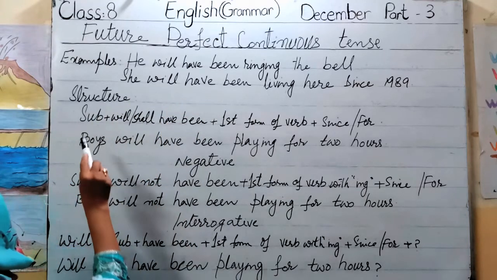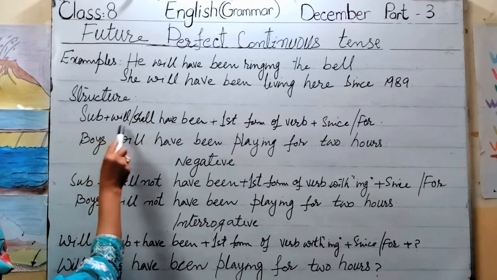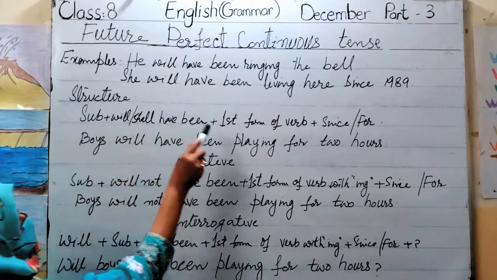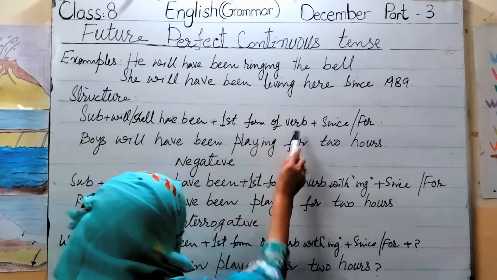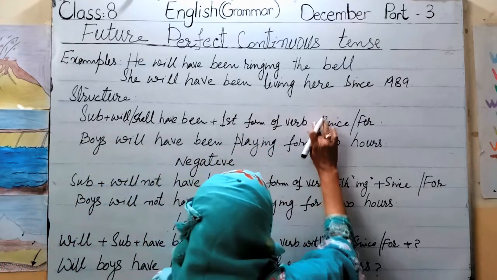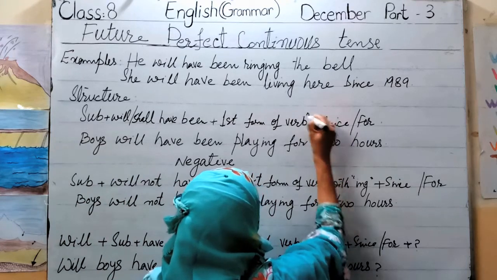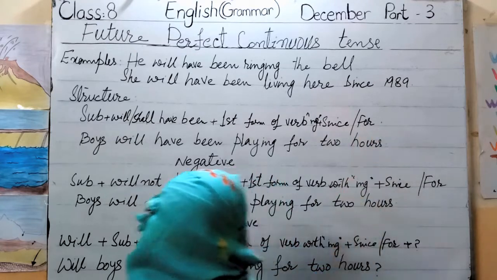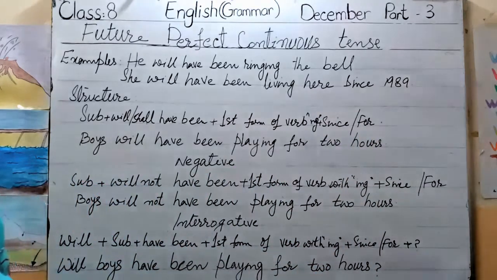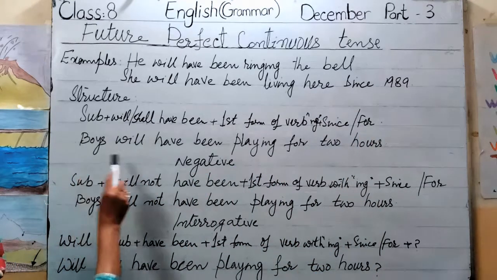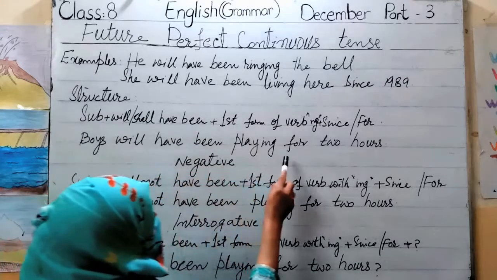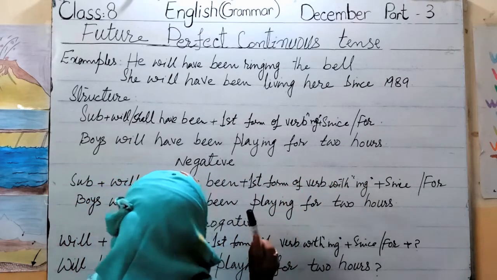Look at the structure of future perfect continuous tense. First of all, you will write subject, then will or shall have been, first form of verb with ing, since or for. Example, boys will have been playing for 2 hours.